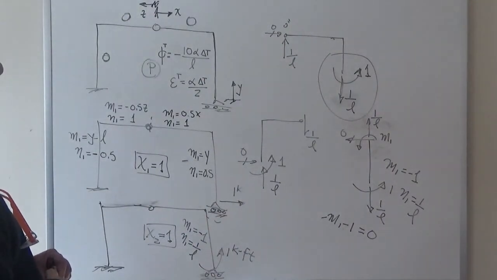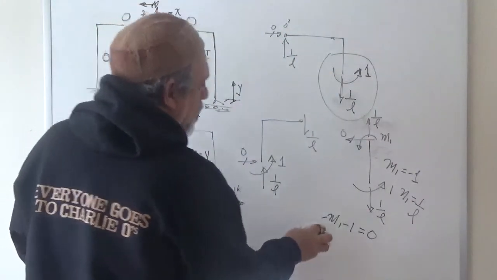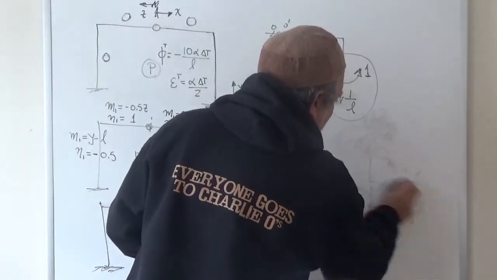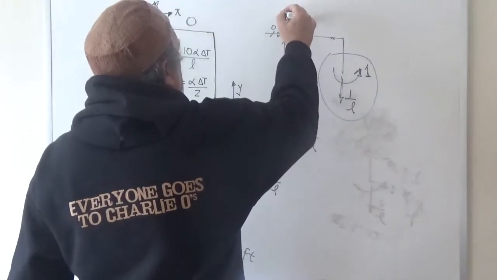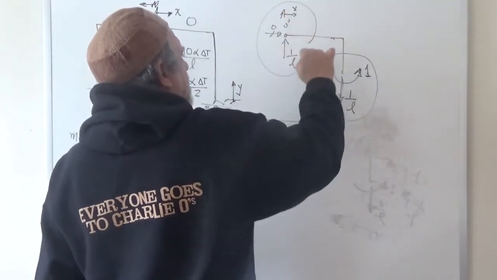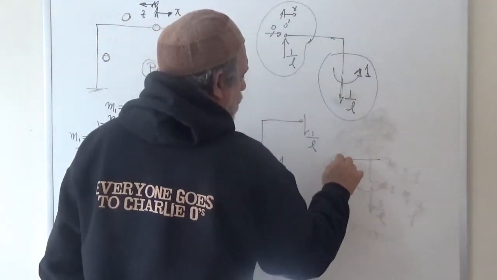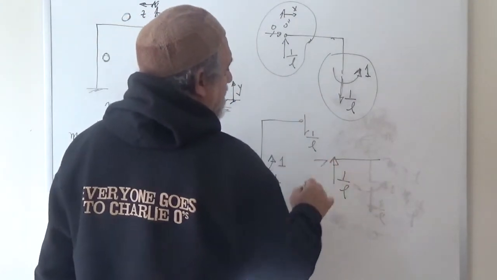We must now do this part. I will erase here. From this side, we've already decided that our coordinate is x. It's starting like that, so my bubble is this. I see this horizontal piece here with 1 over L going up, nothing like this.